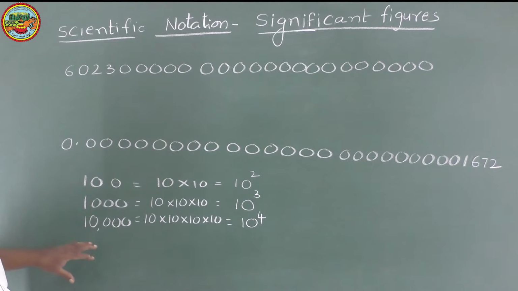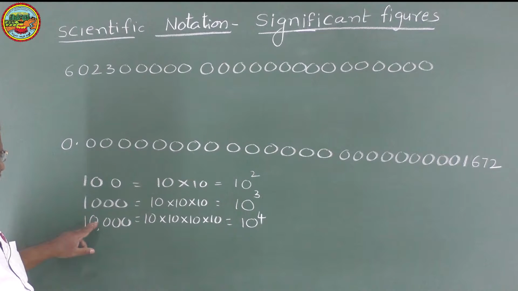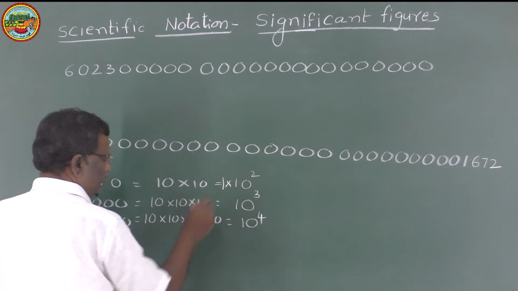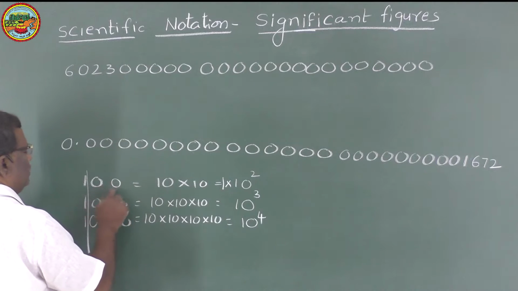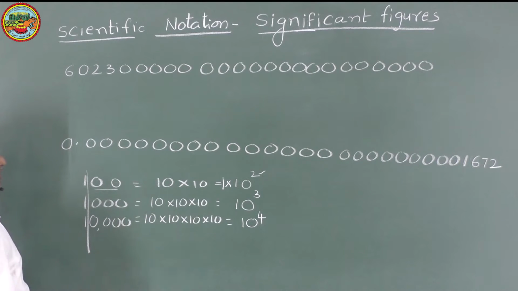Now simply, to avoid the zeros, if all non-zeros are present, just keep the first digit into 10 to the power, however many zeros are there. If you put that number, you will get it.